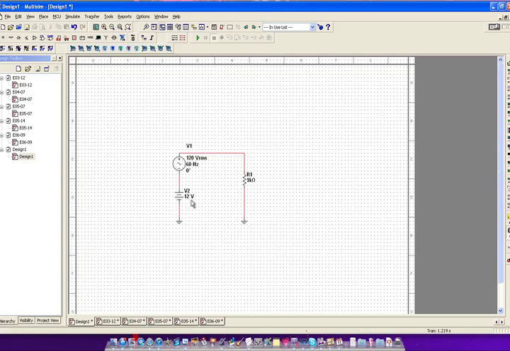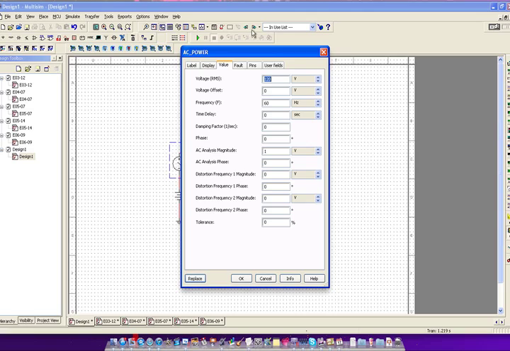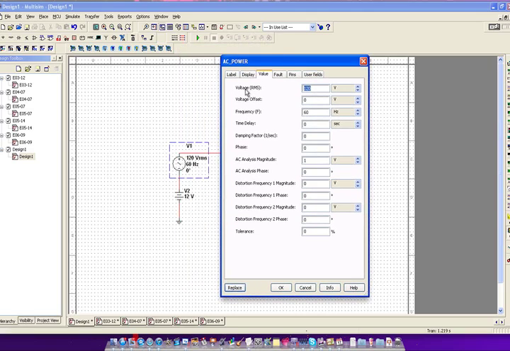Okay, from the book here, the DC voltage was 12 volt. The AC voltage was 10 volt, and it was not given in VRMS. So if we double click on the AC power, we have to enter the voltage in VRMS, not the normal voltage.